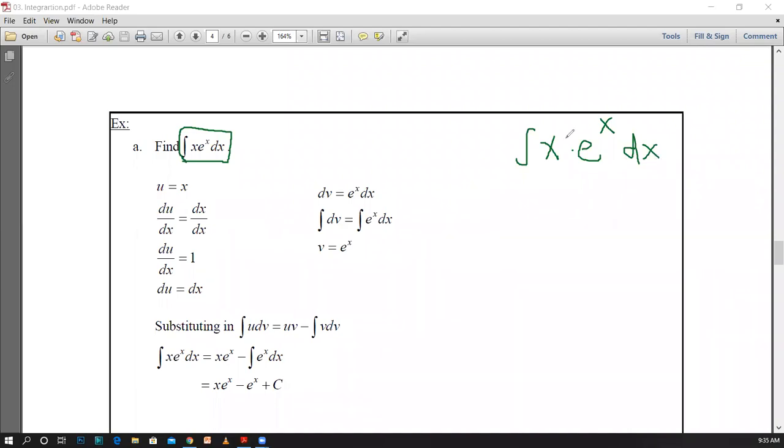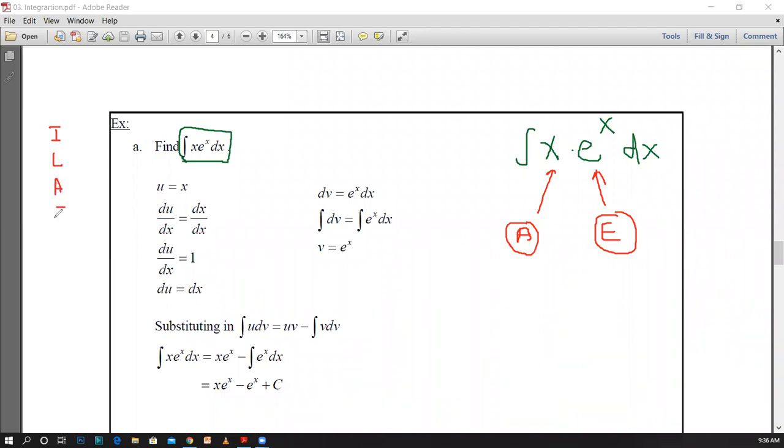Inside this function, you can see that this is actually a multiplication of two types of function. Here x is an algebraic function, and the remaining part is an exponential function. According to the list that we have considered previously, you need to give the priority for u accordingly.